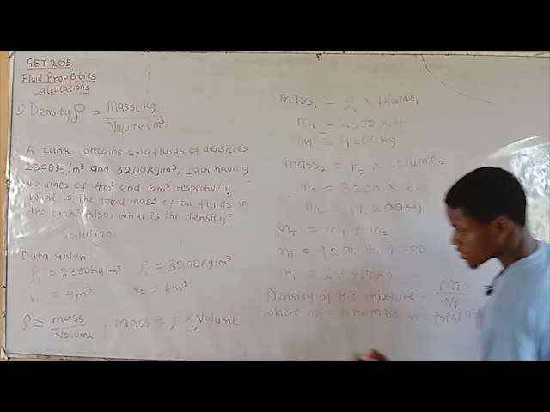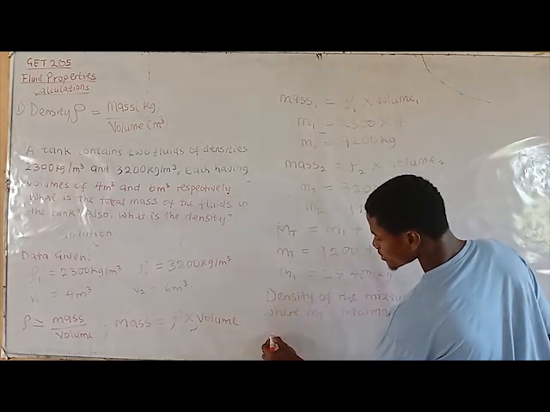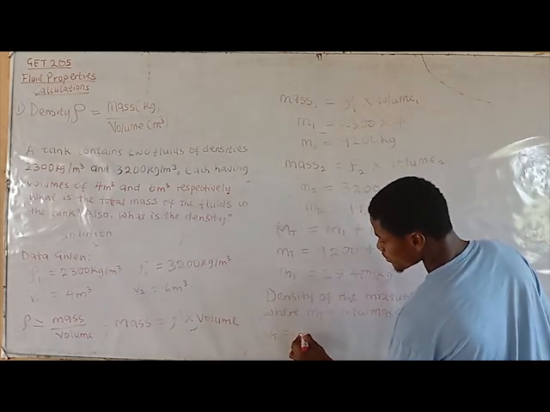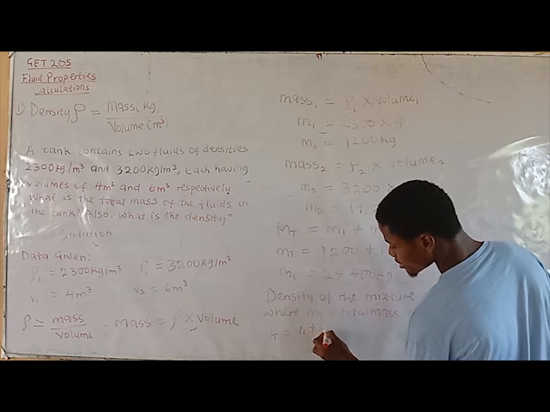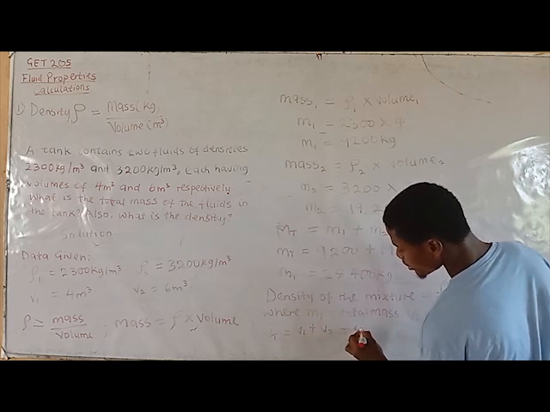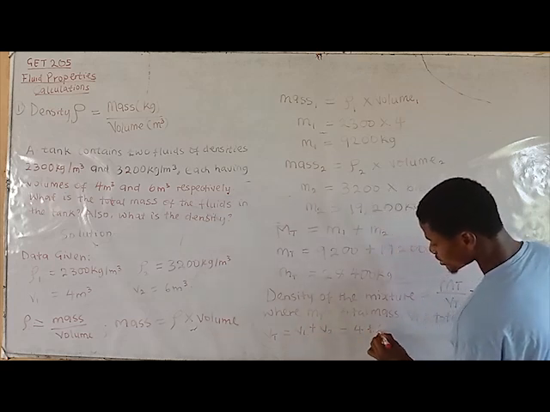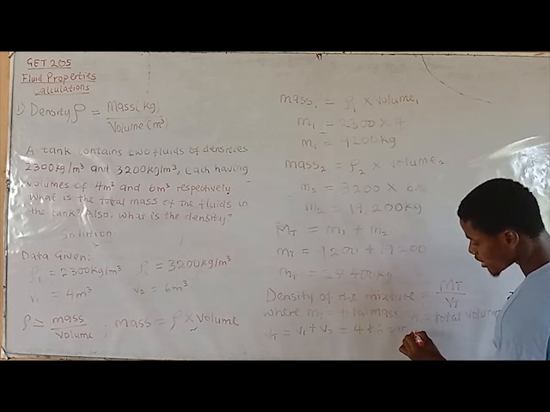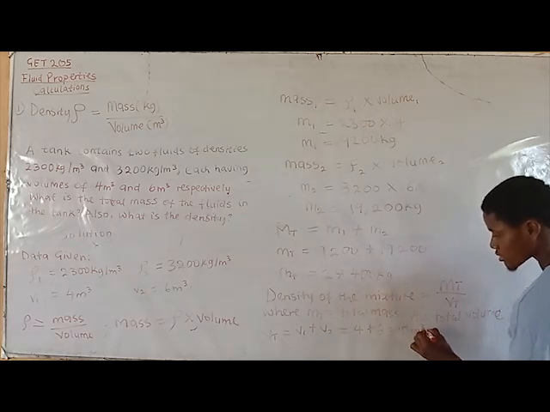So from here, VT is V1 plus V2, which equals 4 plus 6, which equals 10 meter cube.